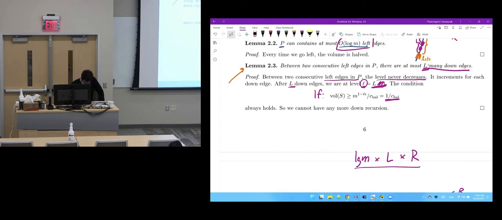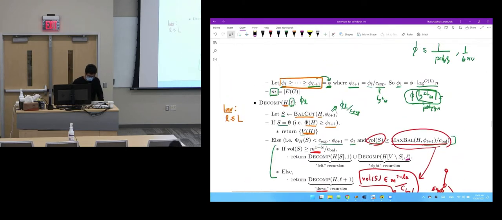There can be at most L-1 down edges, because if there are L-1 down edges, then you are at level L, and when small l is capital L, this constraint is trivial, so you would never go down again, right?